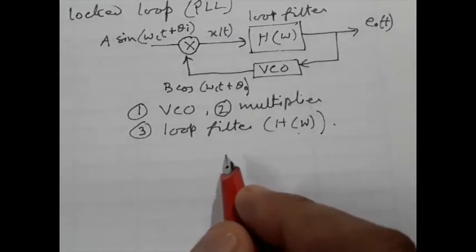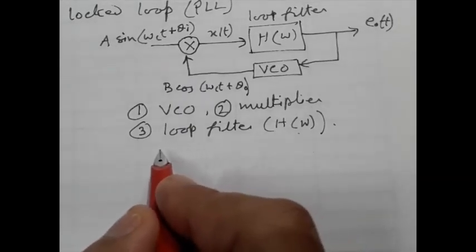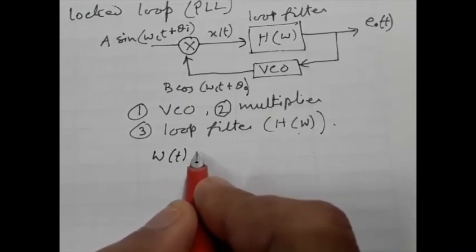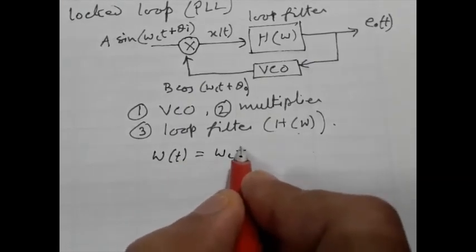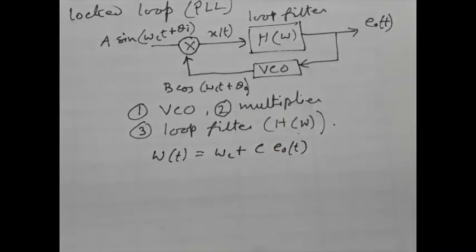Now if the VCO input voltage is E0, then its output frequency can be written as omega c plus some constant into E0.